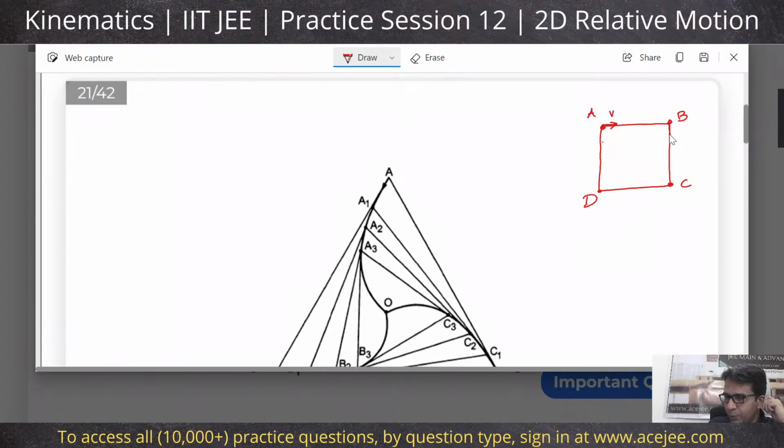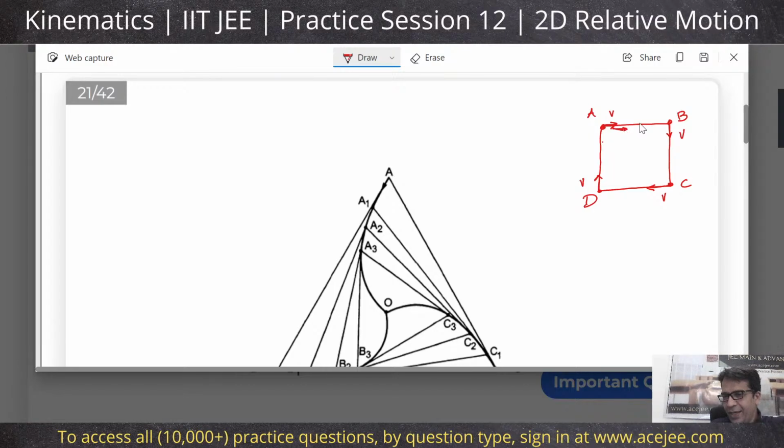B starts moving towards C with speed v. C starts moving towards D with speed v. D starts moving towards A with speed v. After a little while, let's say B moves a small distance. Now A's velocity will start to change, right? The velocity vector will start to rotate, so it'll come here.